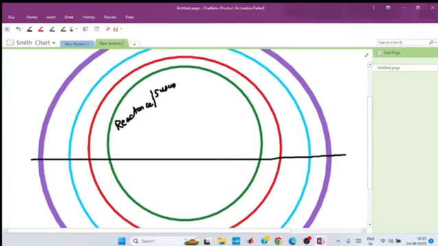The next one is called the angle of reflection coefficient, tau. The next scale is the wavelength towards load, WTL. And this scale is the wavelength towards generator.